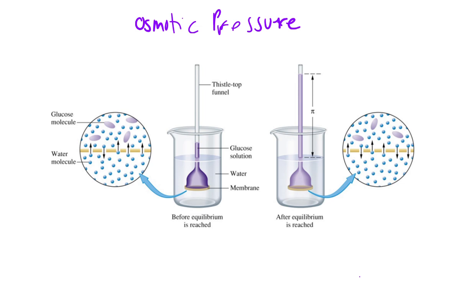On the bottom of the funnel, we put a semi-permeable membrane. And so this semi-permeable membrane allows some particles to go through and not others. In this case, it's going to allow water to transfer back and forth across that membrane, but it's not going to allow glucose to transfer.